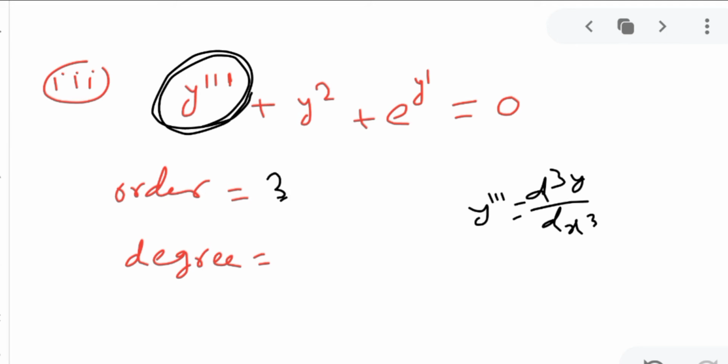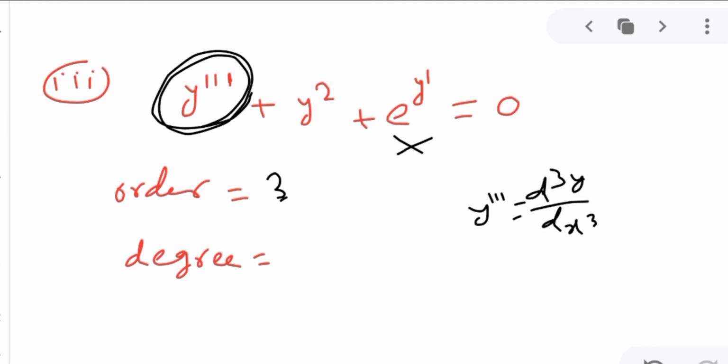And then degree. The first condition for degree is that it should be a polynomial. Here we have e to the power y dash, and I told you that terms like e to the power dy upon dx, log of dy upon dx, cos of dy upon dx, sin of dy upon dx will not be considered polynomial.